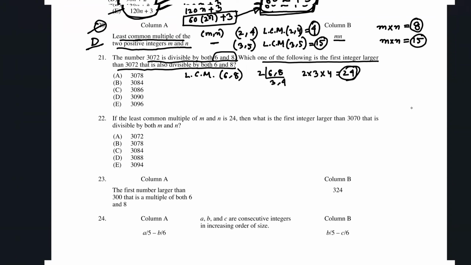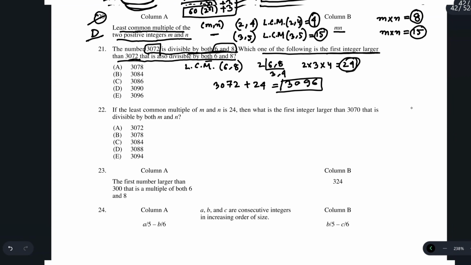Since 3072 is divisible by both 6 and 8, the next integer larger than 3072 that is also divisible by 6 and 8 should be 3072 plus 24, which is 3096. So the answer for question 21 should be E, or 3096.